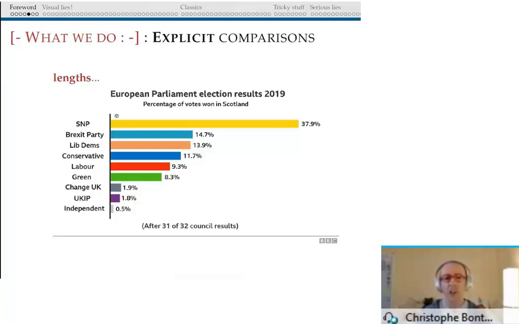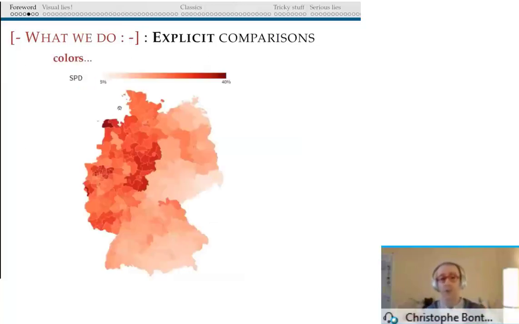We can also compare colors. So let me explain a little bit this graphic. This graphic is just the percentage of vote for one party, the SPD in Germany. And the darker the color, the higher the percentage received in this region. And this is a geographical map of the Länder here in Germany. And yes, we immediately spot some sort of frontier here, right?